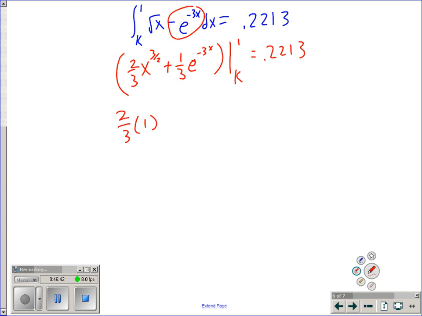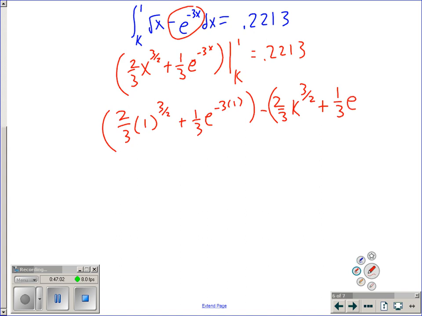That's 2/3 times 1 to the 3/2 plus 1/3 e to the negative 3 times 1 minus 2/3 k to the 3/2 plus 1/3 e to the negative 3k. I plug in k for x, yeah, there you go. And then that's going to equal 0.2213.